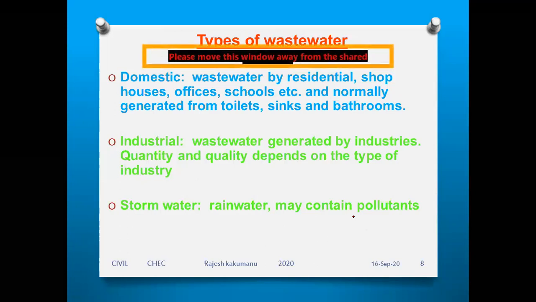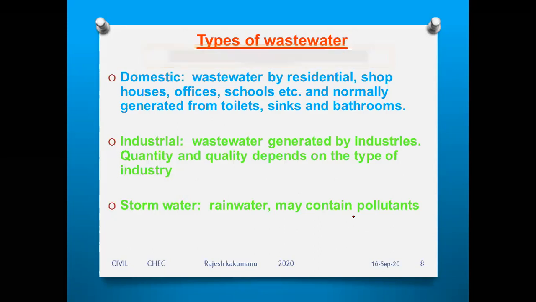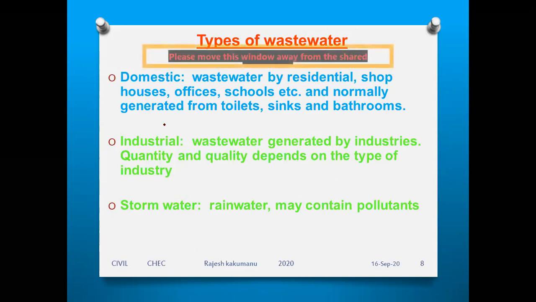So domestic wastewater is the wastewater coming from residential houses, shops, offices, schools, and other places which are inside the locality, where people are moving, any locality, any street, or any common areas. So normally they generate from toilets, sinks, bathrooms, and kitchen rooms.